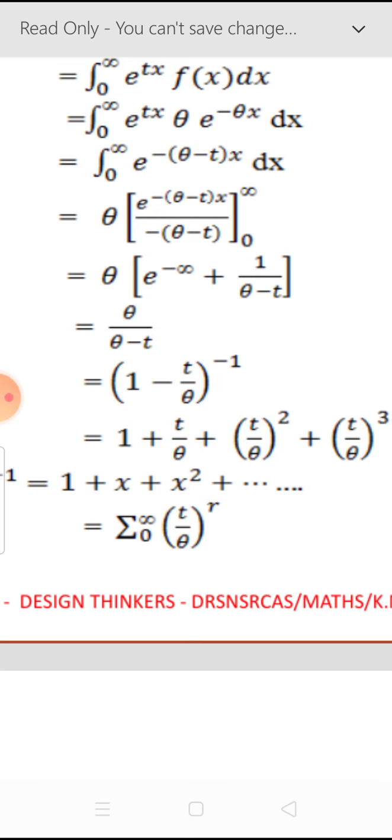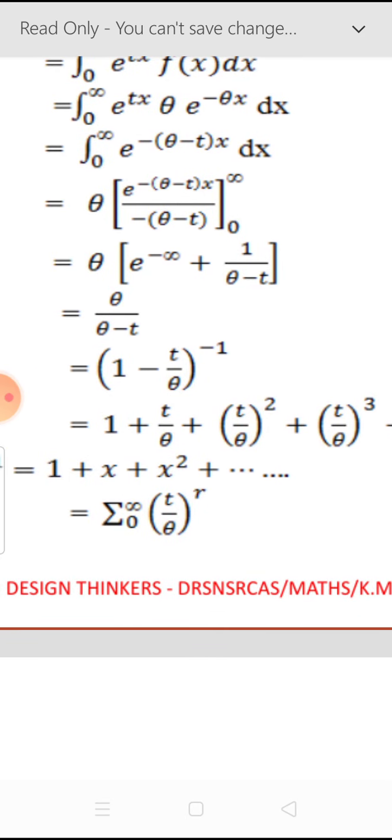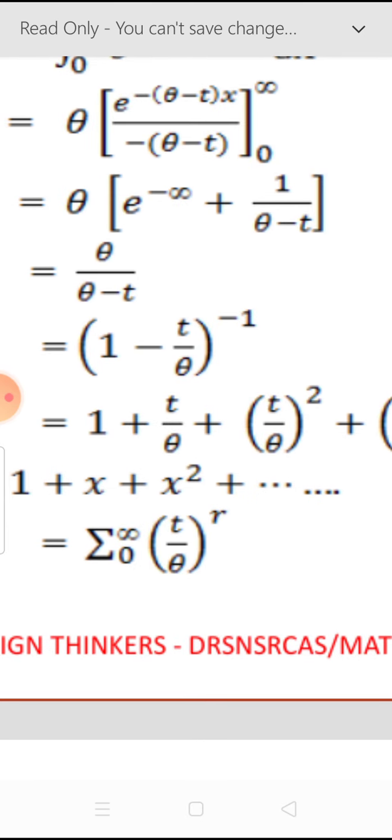So you will get 1 plus t by theta plus t by theta whole square plus t by theta whole cube etc. This is the moment generating function.